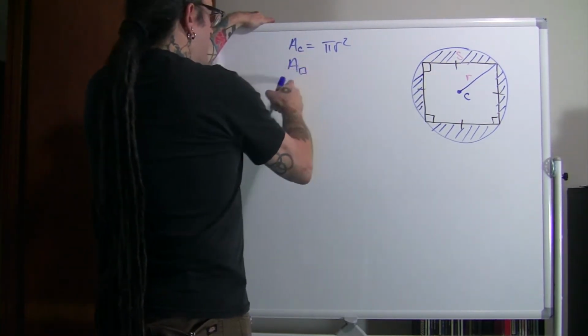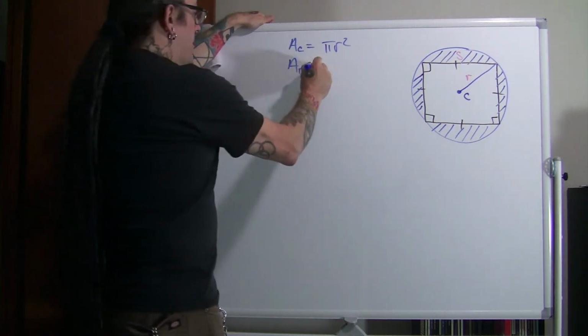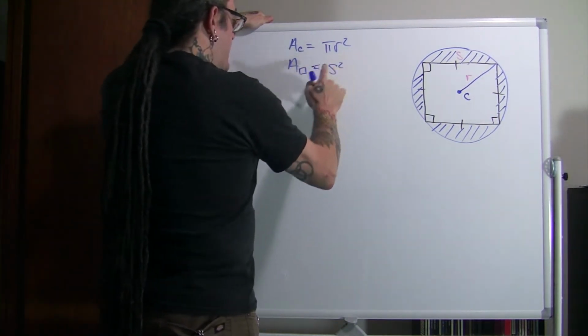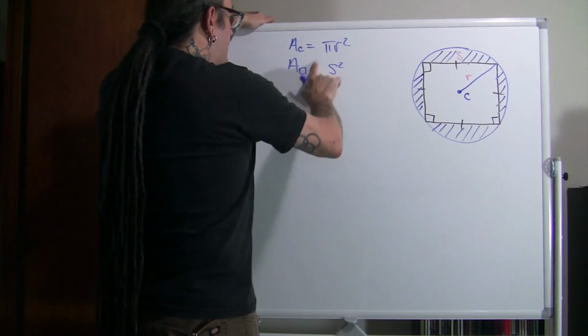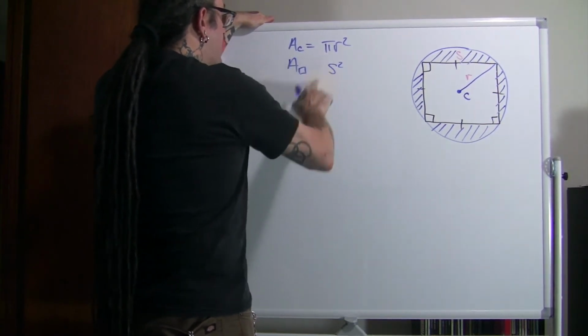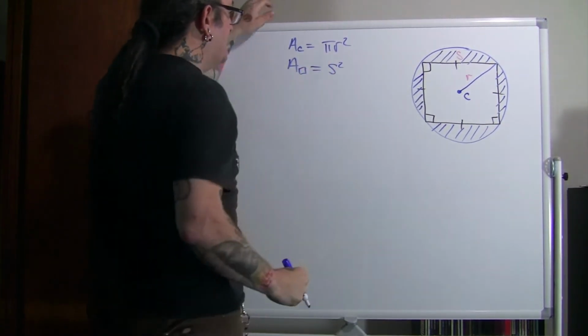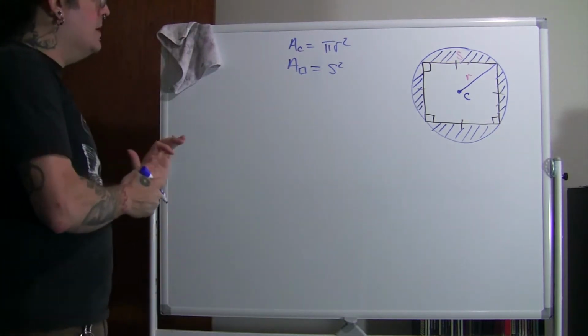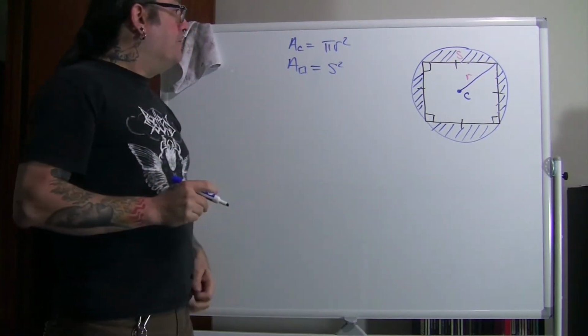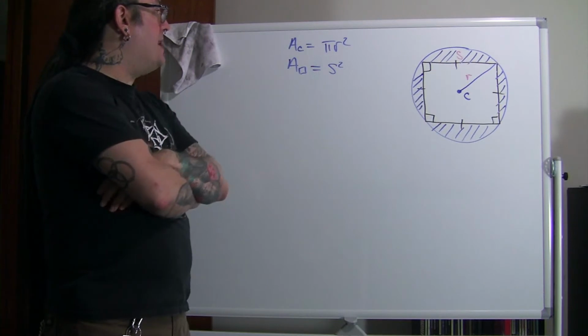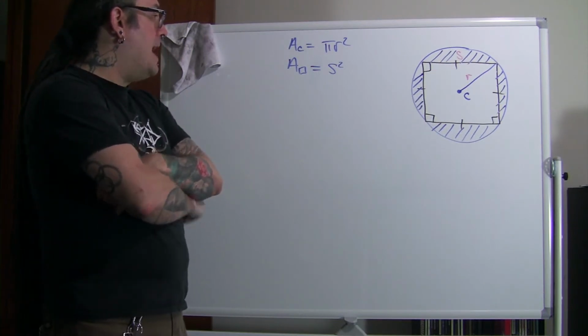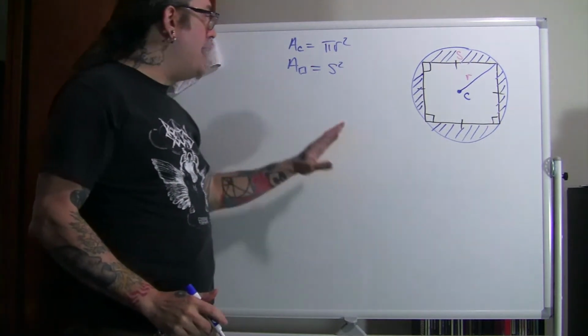I'll just maybe say area of a square here. Area of the square is s squared. It's s times s, right? Base times height, it's a quadrilateral. Or for a square, s times s, which is s squared. Okay, great.